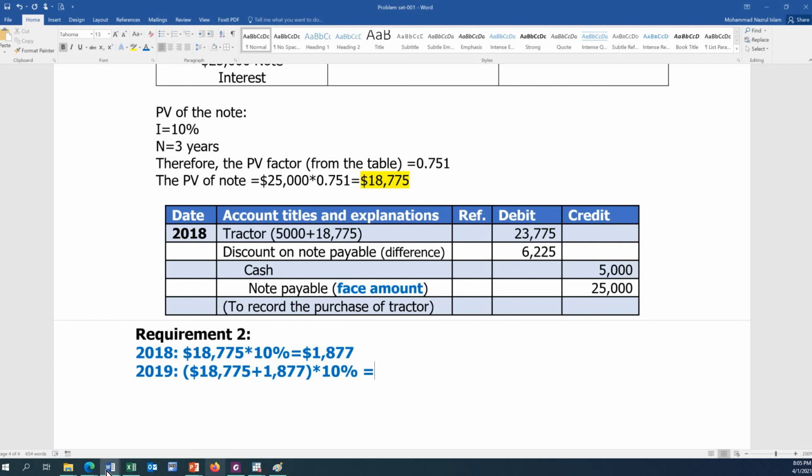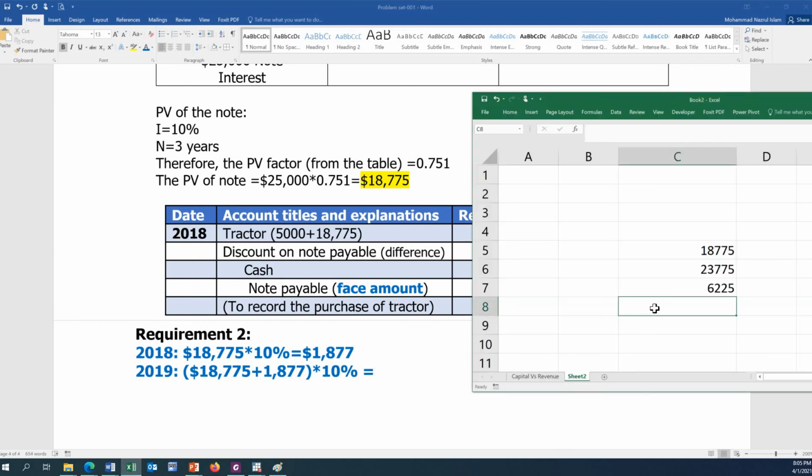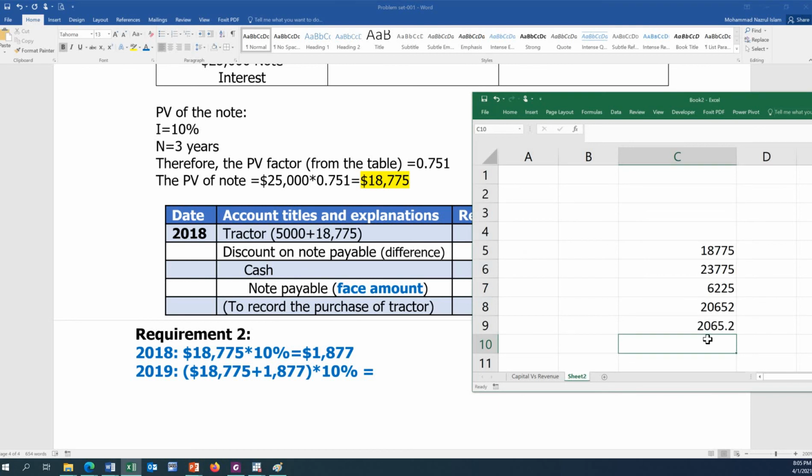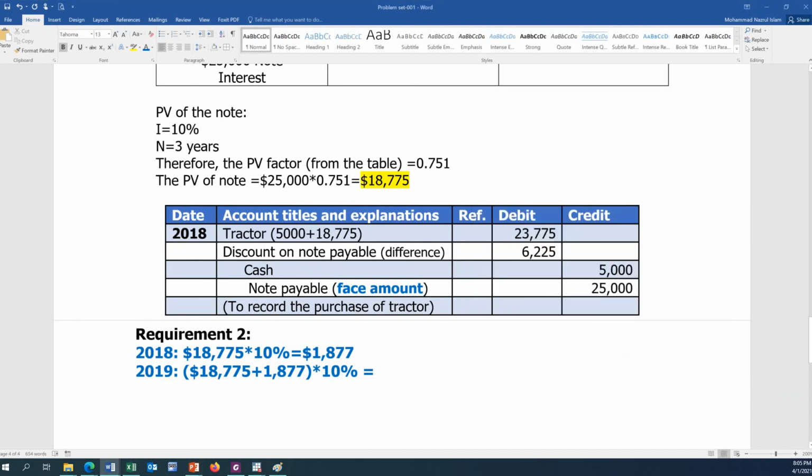Let's see how much it should be. So 18,775 plus 1,877, multiplied by 10%. So it should be equal to 2,065.2. Okay, 2,065.